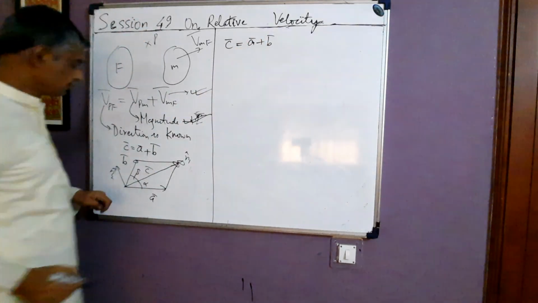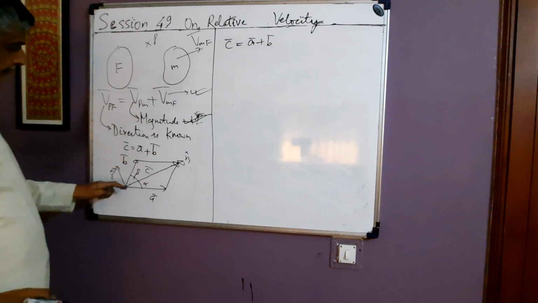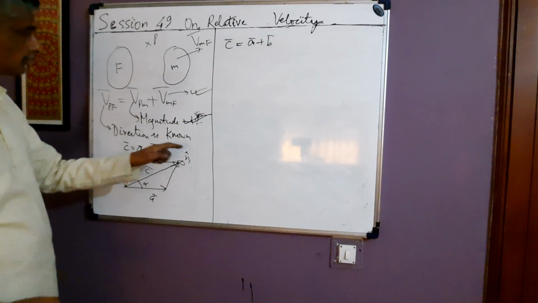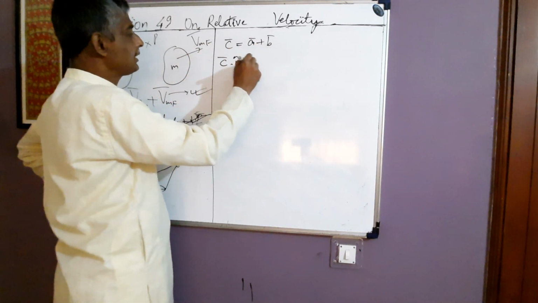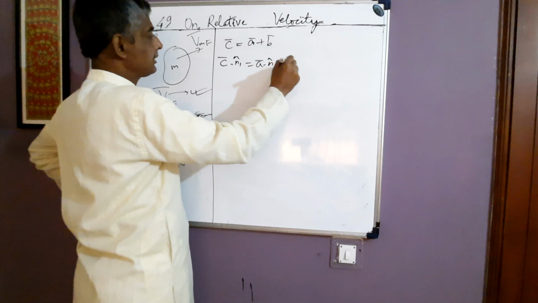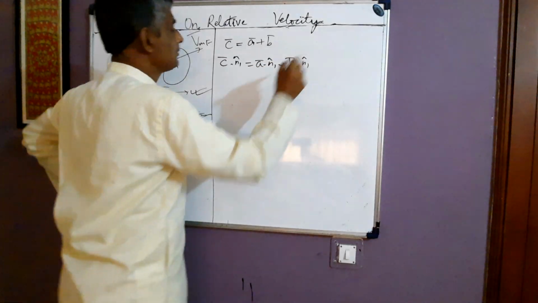Now what we do, we take the component of this equation along n1. We dot this equation with n1 hat. So C dot n1 hat equals A dot n1 hat plus B dot n1 hat.